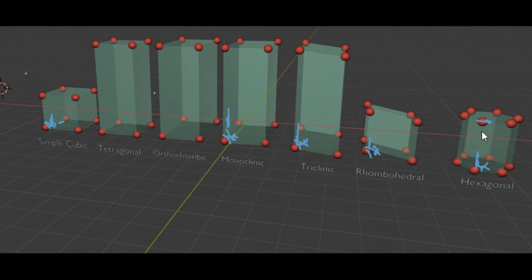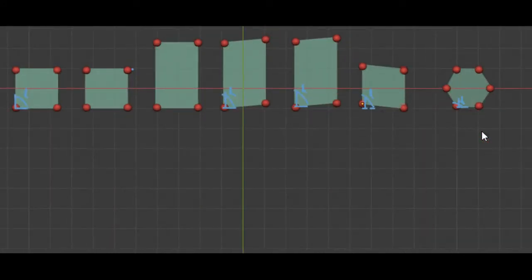However, if I look from the top and if I call this particular angle as gamma, this is of 120 degree. So in hexagonal lattice structure, A is equal to B, which is not equal to C. So one of the sides is different and two angles are similar 90 degrees and third angle is of 120 degrees. This is hexagonal lattice structure.